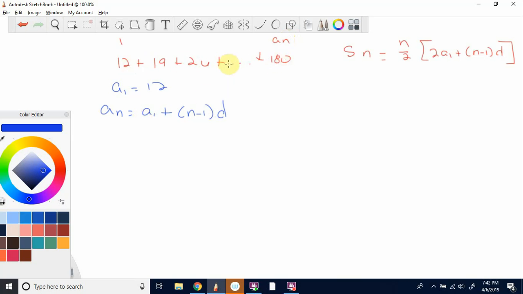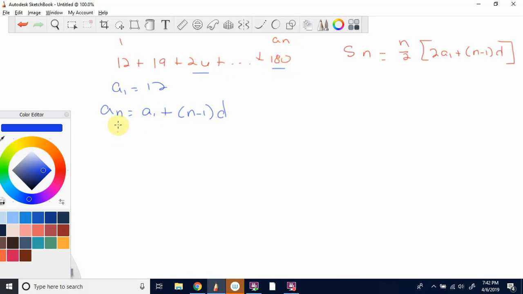So I need to find n. I need to find how many terms there are. Well, I can manually find the common difference of 7 and keep adding 7 to get everything between the term 26 and a sub n, 180. But that could be a lot of work and we could make mistakes. So let's just use our formula to find what term this is.